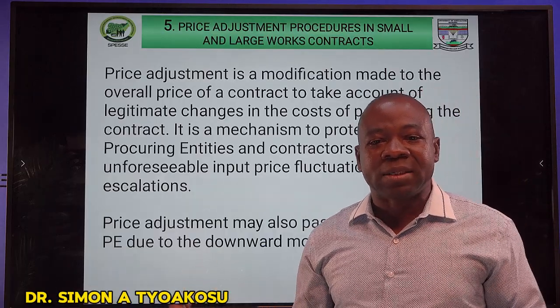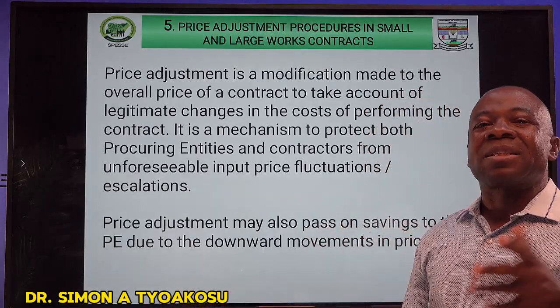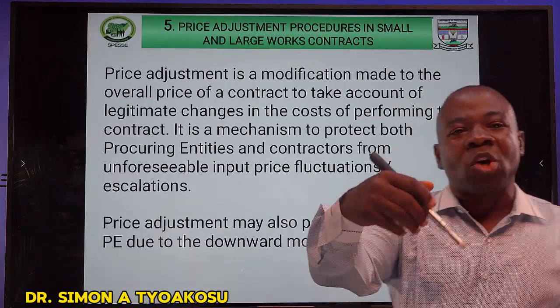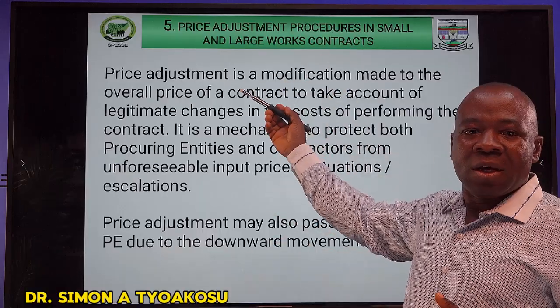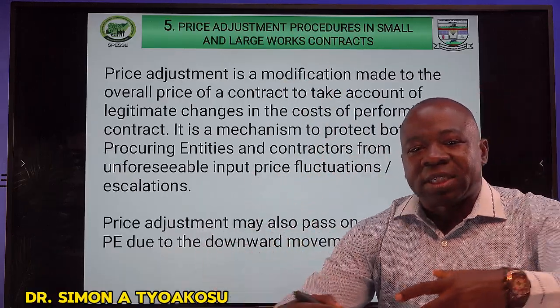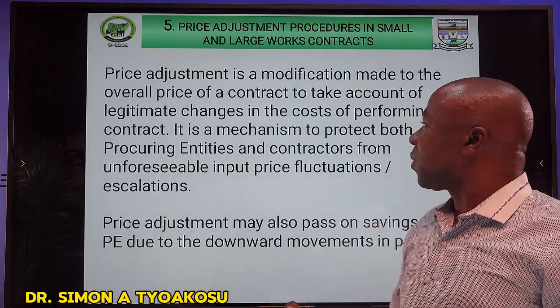And you can attest to the fact that most times the prices of these petroleum products skyrocket within a short while. So there's every need for us in every procurement process to make provision for what? Price adjustments.